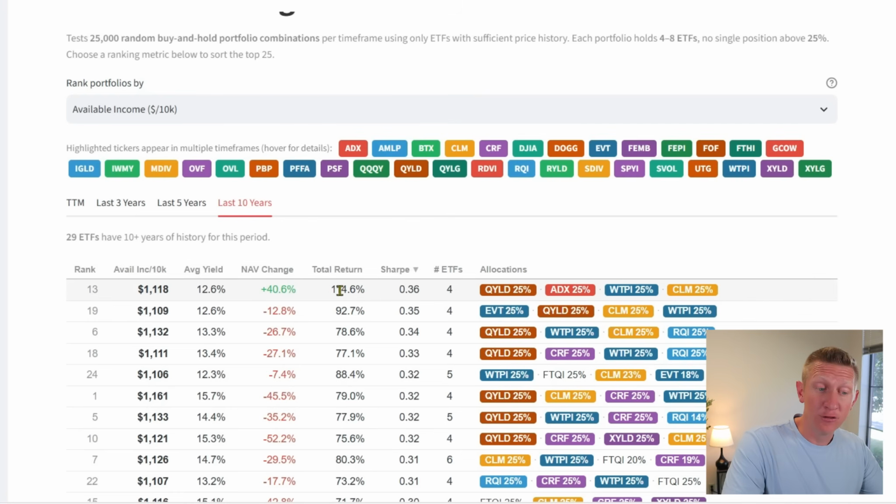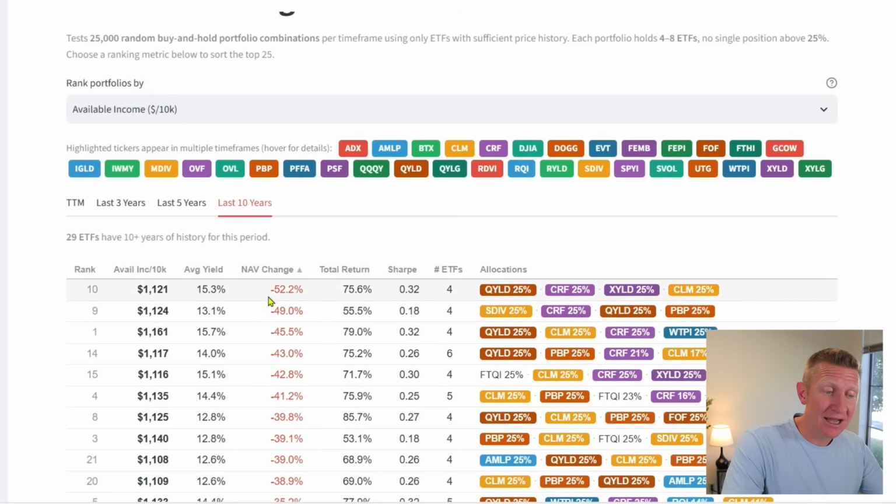Total returns, though, 114.6%, really good. Net asset value, lots of drops here. Look at this one, QYLD, CRF, XYLD, and CLM had net asset value drops of 52.2%, even though total returns were 75%. What we might have to do in a future iteration is actually look at the portfolio balance, how it would have changed over this time frame.